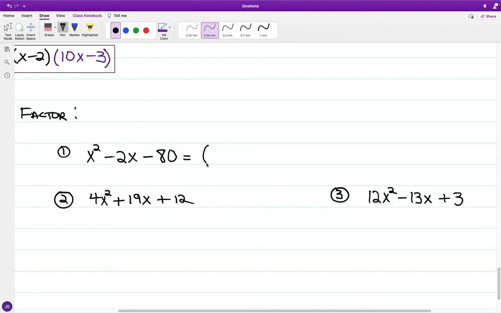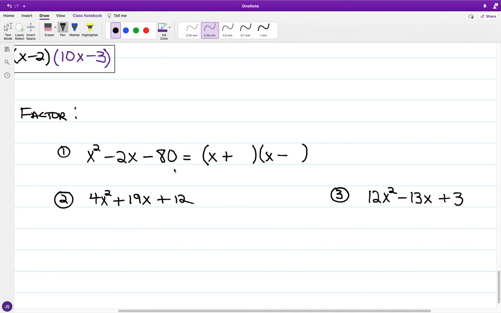Again, x squared will factor out to x and x. And for the factors of negative 80 whose sum or difference will end up at negative 2, this is signaling that more weight will be given to subtraction than to addition.